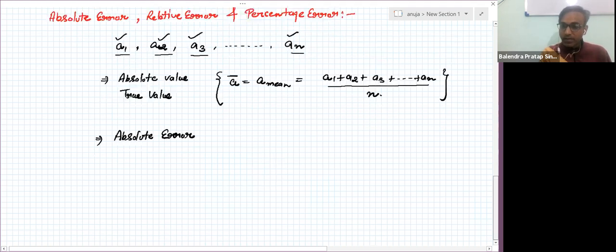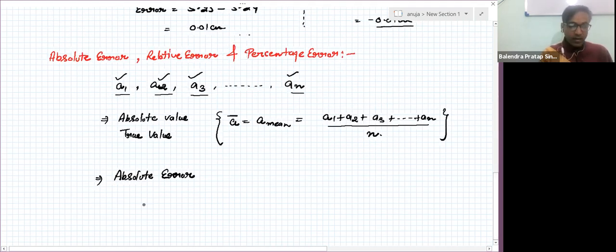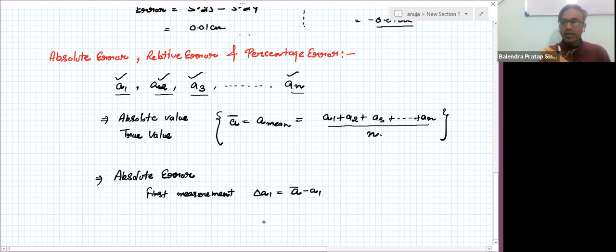In our first measurement, let's suppose our error is delta A1, which is defined as mean minus first observed value, A bar minus A1.